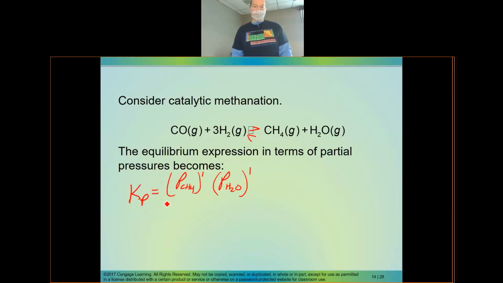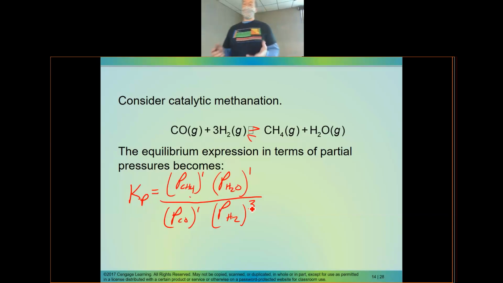All right, and then that is your products divided by reactants, the pressure of CO raised to the first, and then the pressure of H2 raised to the third. All right, so it's exactly the same as the expression for Kc, except Kc has brackets because they're molarity, and your Kp is always going to be in atmospheres.